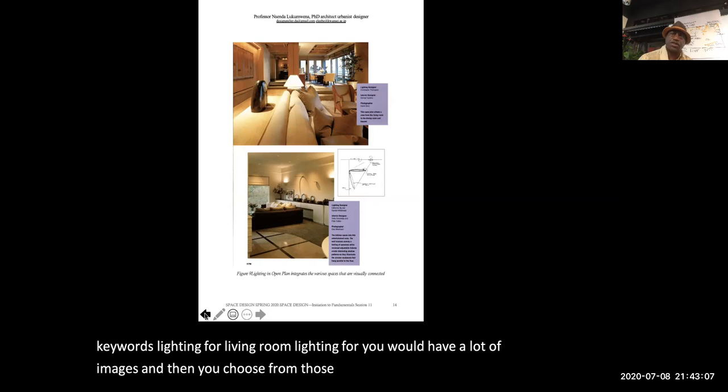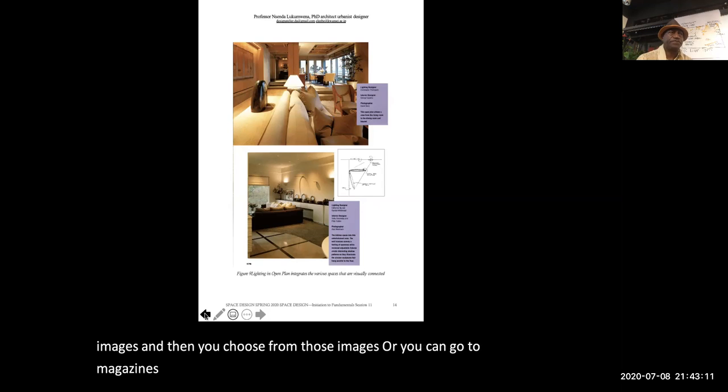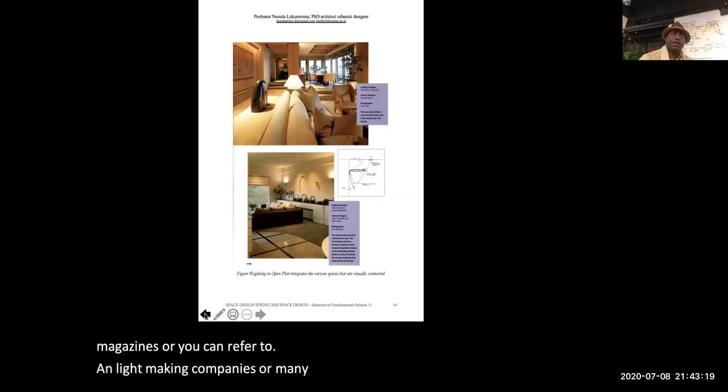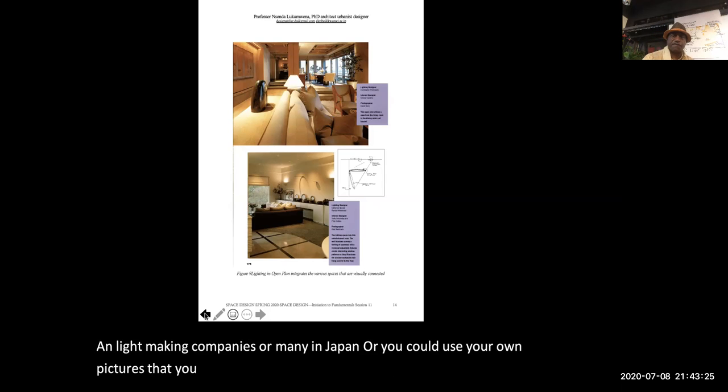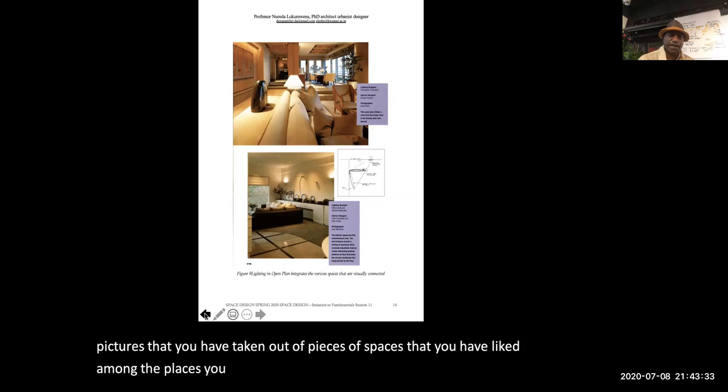Or you can go to magazines, or you can refer to light making companies. There are many in Japan. Or you could use your own pictures that you have taken of spaces that you have liked among the places you have encountered so far.